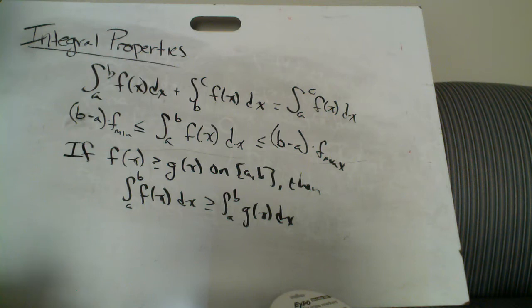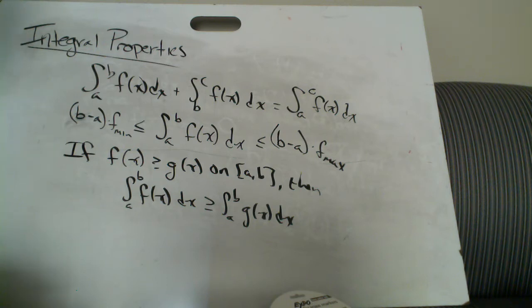And this might seem like common sense, right? If one function's higher than another function, of course the area under it's going to be bigger than the area under the other function. This is surprisingly useful for us, especially when we get functions that we have no idea how to integrate.